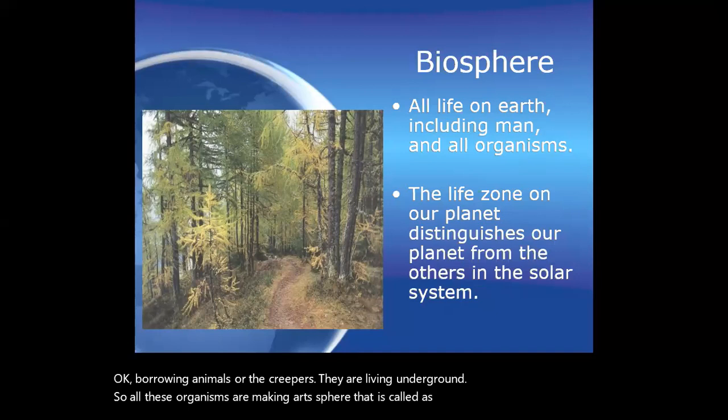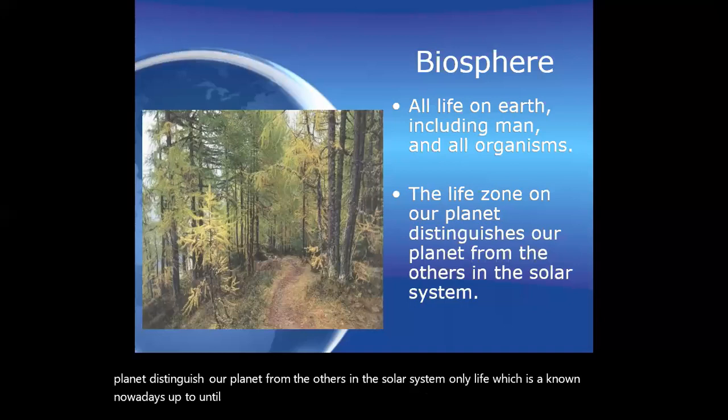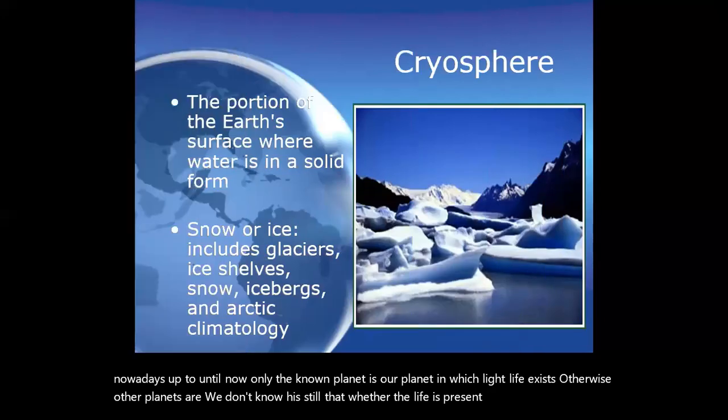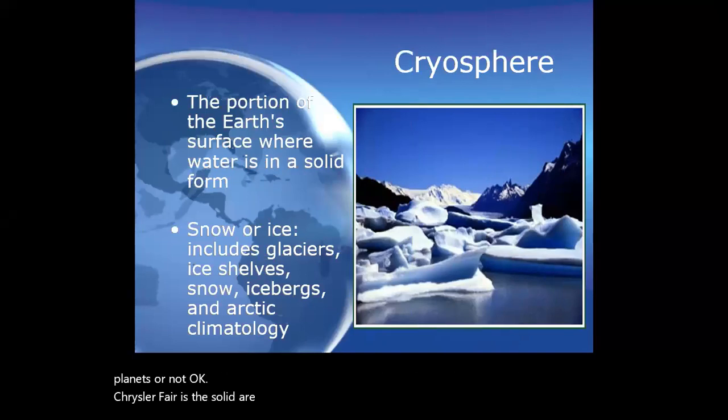The life zone on our planet distinguishes our planet from the others in the solar system. Up until now, the only known planet in which life exists is our planet. Otherwise, for other planets we still don't know whether life is present or not. Okay, cryosphere is the solid ice, a portion of Earth's surface where water is in a solid form.